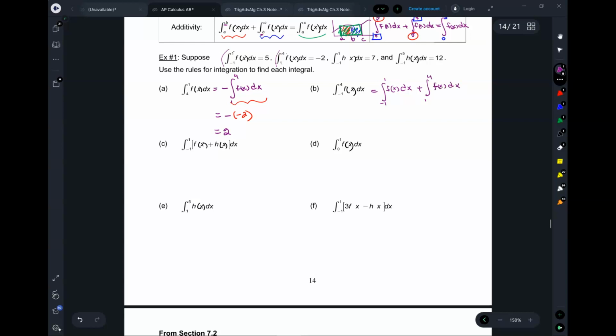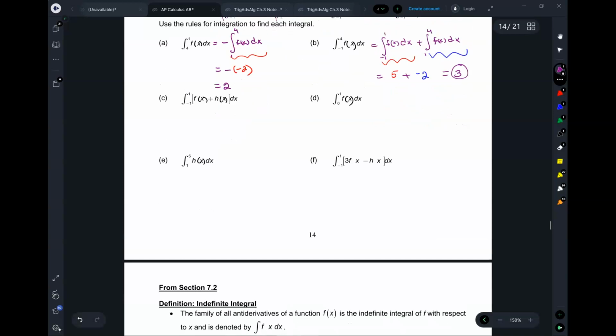Then the first integral up there, from -1 to 1 of f of x dx, is 5, plus the second integral up there is -2, so together that makes +3.